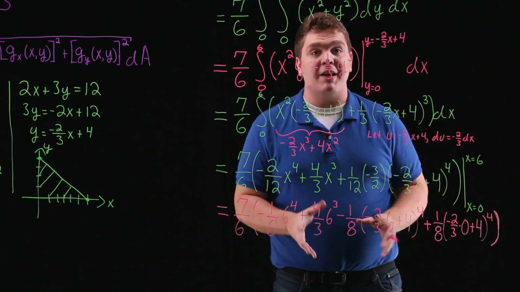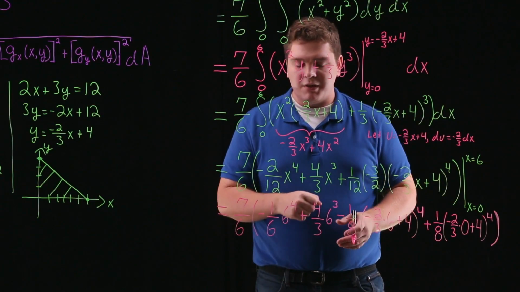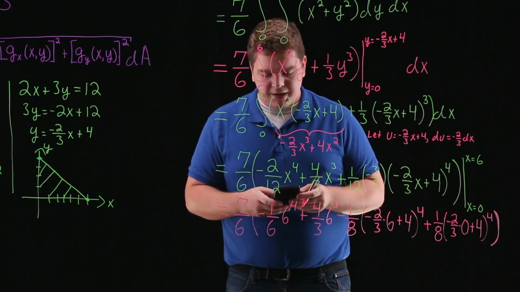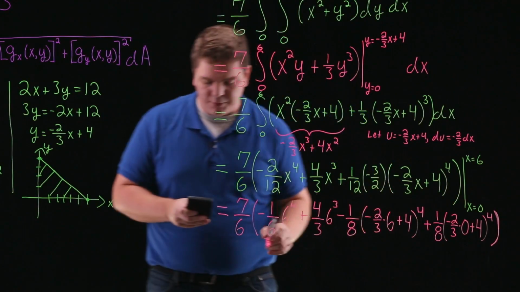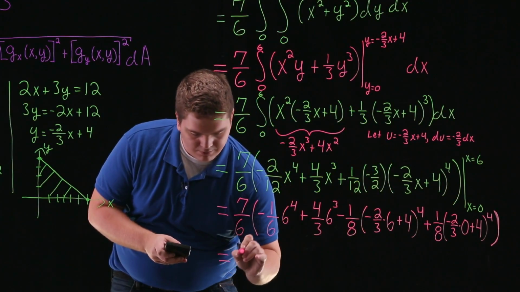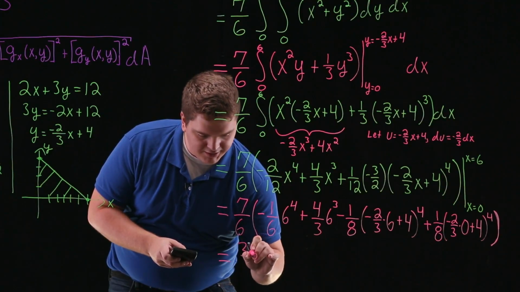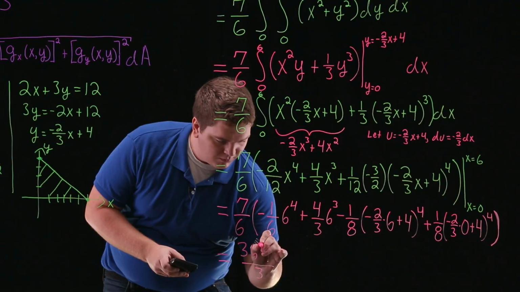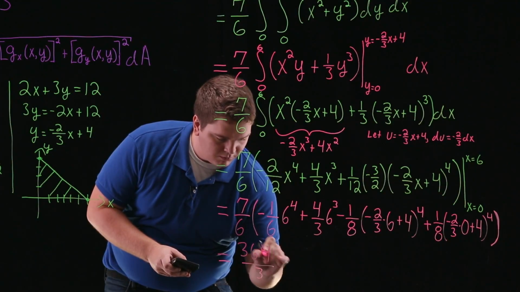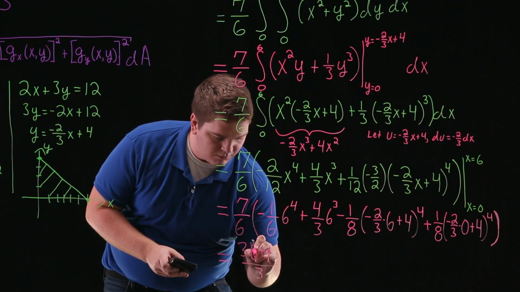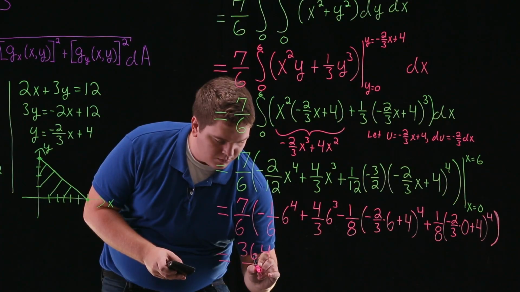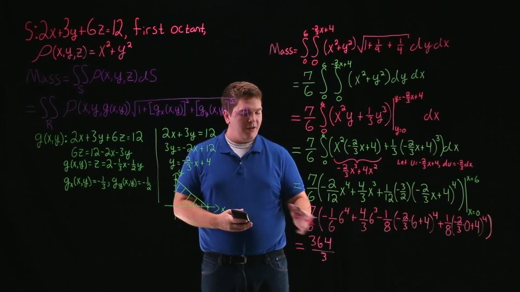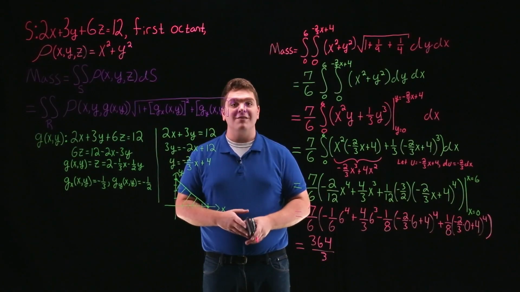Now, you can go ahead and find this by hand, or you can use a calculator just to evaluate this. And using a calculator, what you'll find this is equal to is 364/3. So the mass of our surface lamina is given by 364/3.